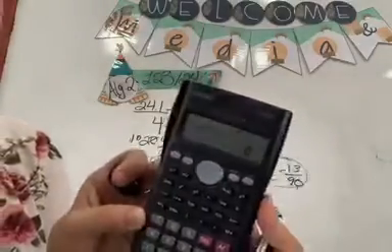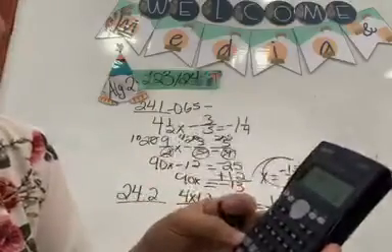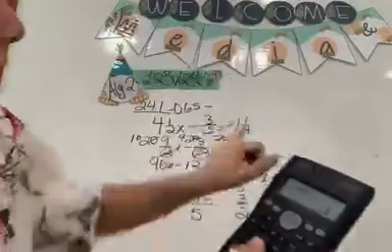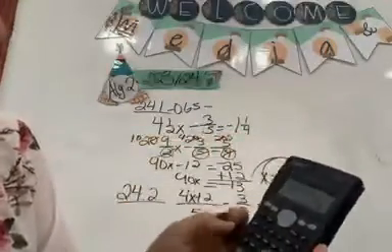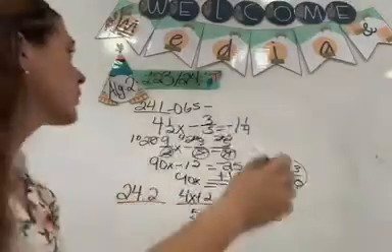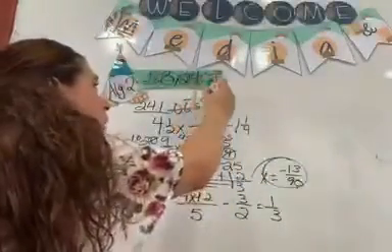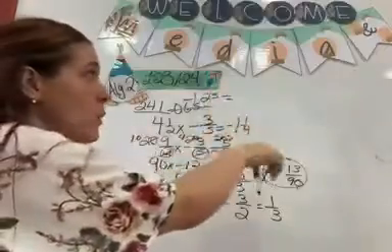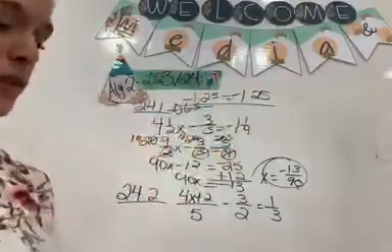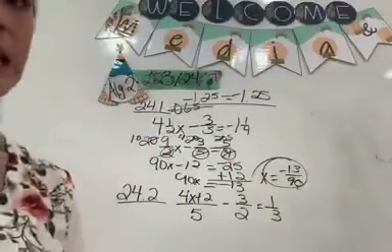Then I'm going to put minus parentheses 3 divided by 5 equals negative 0.125. And what does negative 1 and 1/4 equal? The same thing, negative 1.25. Okay? So that is one way to check it quickly.